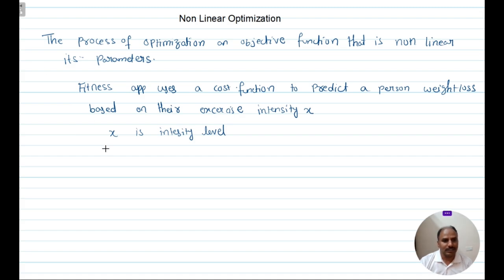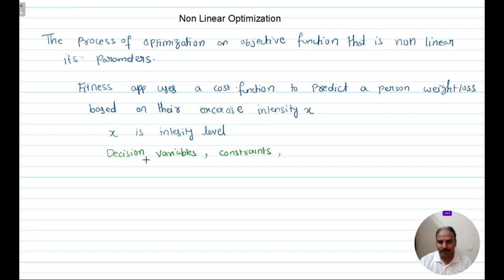First one is the decision variables, and constraints. Okay, let us start with this one.